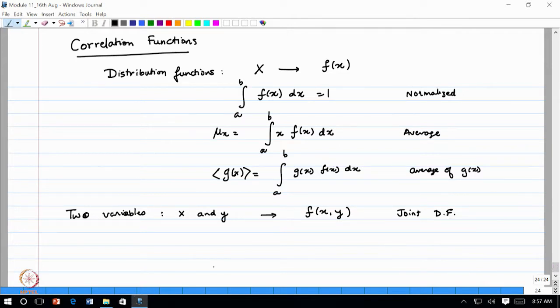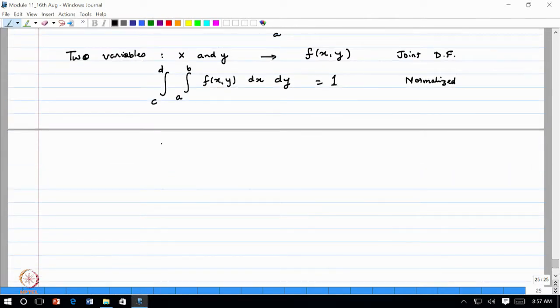Then what you would expect is that integral, let us say a to b, f of x y dx dy, and then we will have another integral c to d dx dy equal to 1. This is normalized, and you can ask average value of x is equal to integral c to d integral a to b x f of x y dx dy.